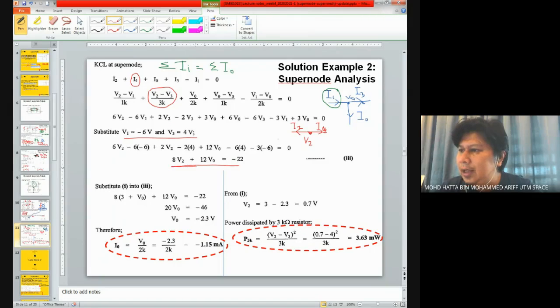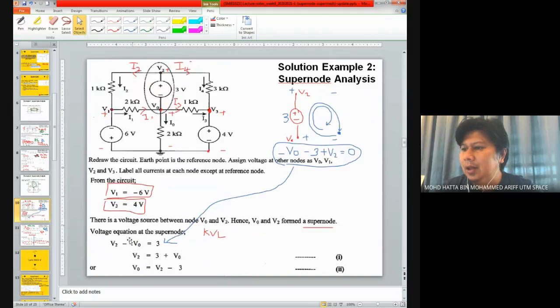Later on, towards the end, you will get this equation. If you look at this equation, we have two unknown variables. Earlier, we already know that using Kirchhoff voltage law, we can define V2 as this equation or V0 as this equation.